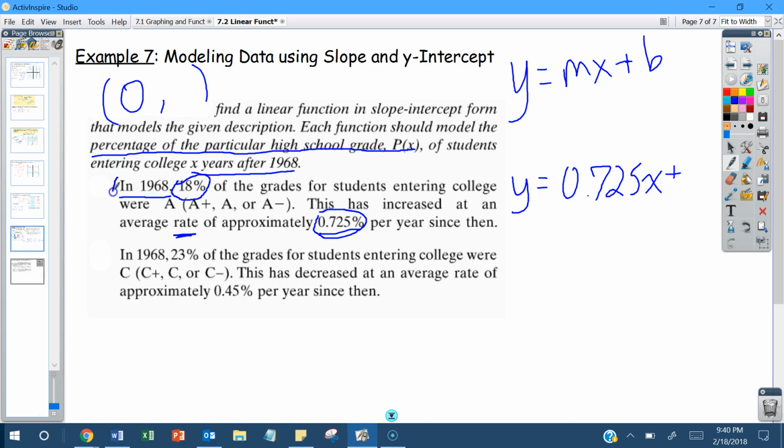So since we're talking about something in 1968, x is already 0. So in 1968, 18% of the grades for students are an A. This 18% is going to be our y-intercept, because we're talking about a particular year where x is 0, namely 1968. So we're going to use that 18% as our y-intercept.